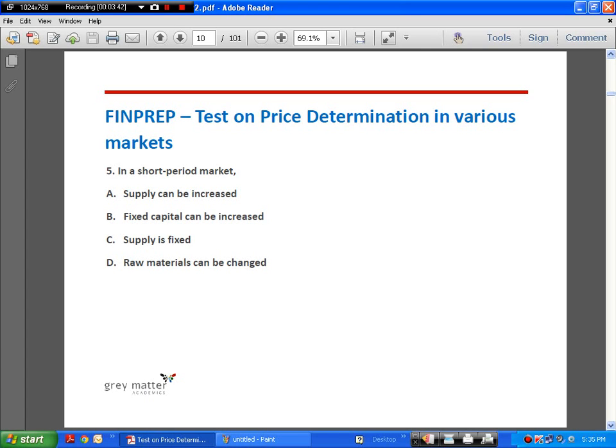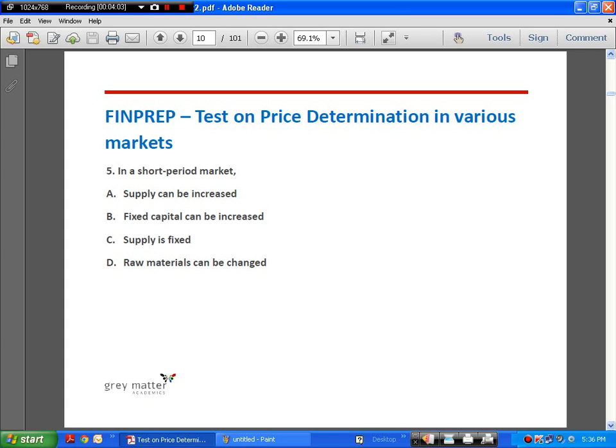But with regard to the short period market, it is possible to increase the supply by using the labor more intensively, or by increasing the variable factor. Therefore, supply is not fixed in the short period market.